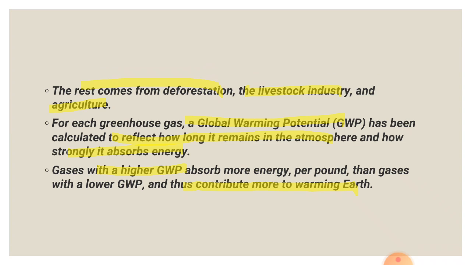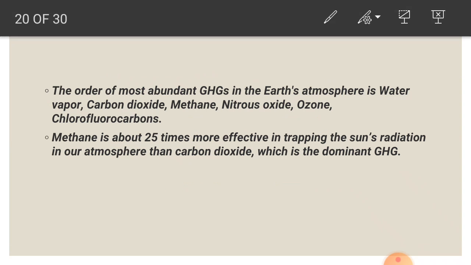So this is a term, and we are given the order of the most abundant greenhouse gases in the earth's atmosphere. Water vapor is the most abundant, then carbon dioxide, then methane, nitrous oxide, ozone, and chlorofluorocarbons. So it is according to their abundance.